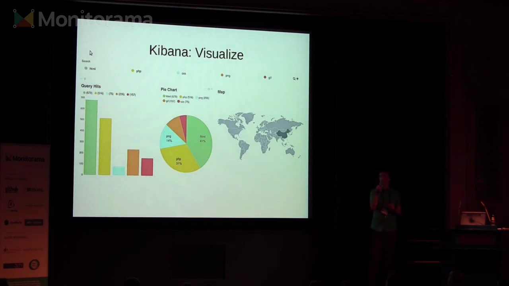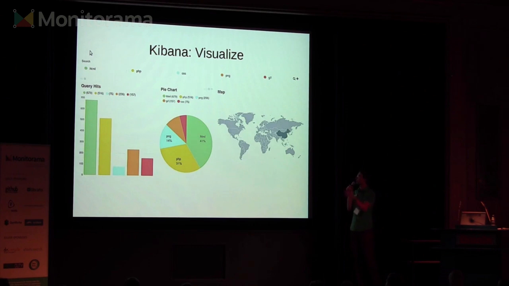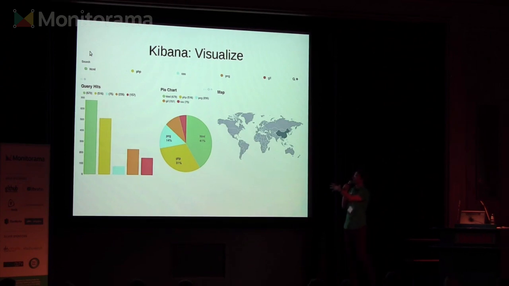One of the things I want to mention here is that for this statistics and visualizing to work, for example, here there's a pie chart with file extensions, you need to have those file extensions in their own field in the JSON document that you push to Elasticsearch. So it doesn't work if you just have unstructured events that you just slash in there.